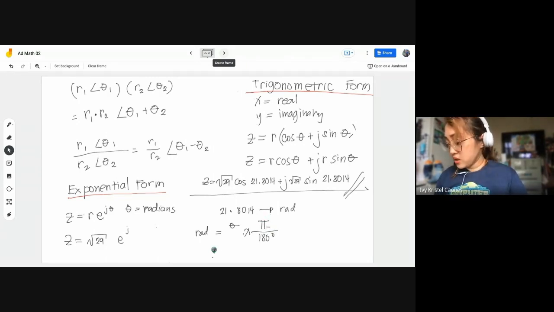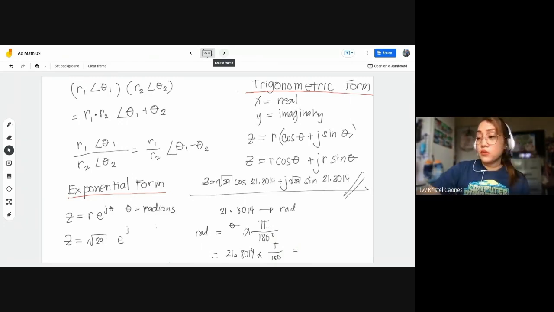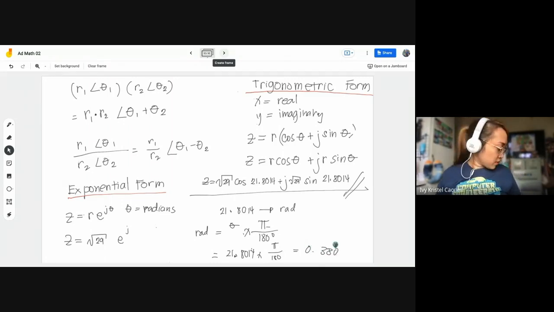So theta in radians is the angle times pi over 180. So 21.8014 times pi over 180. What is the value? That is 0.3805 radian.